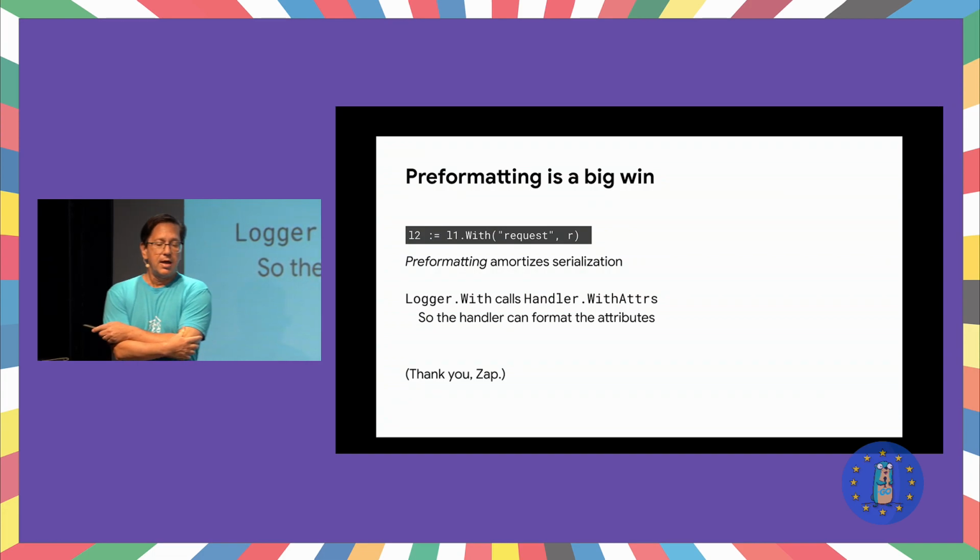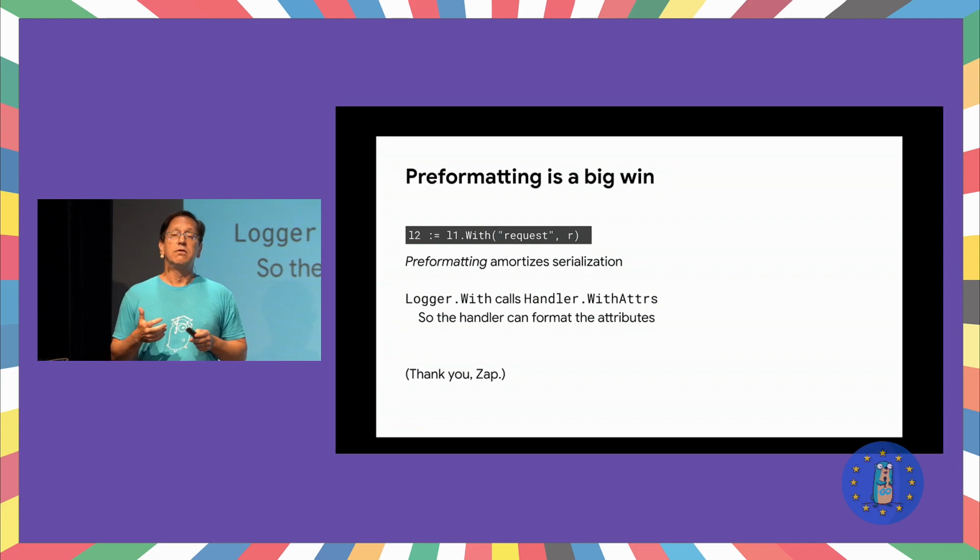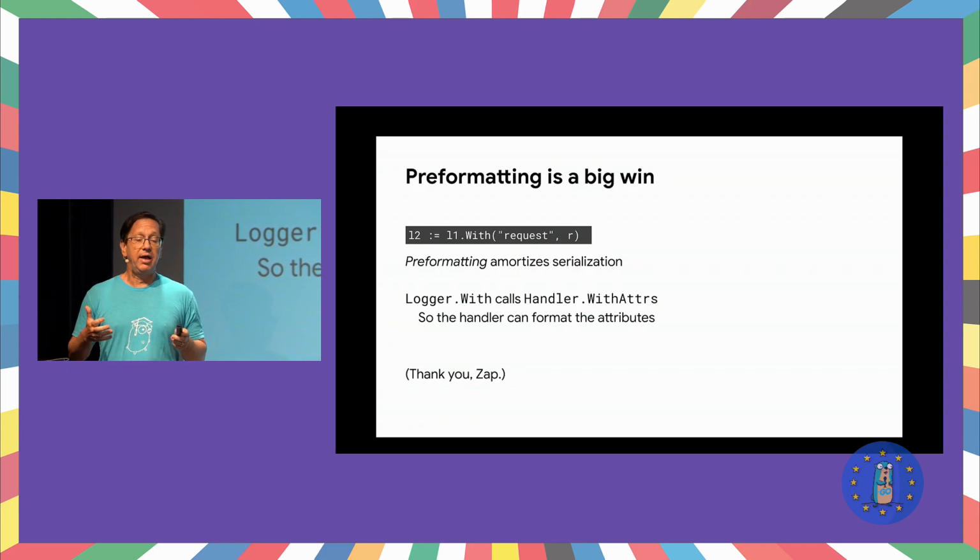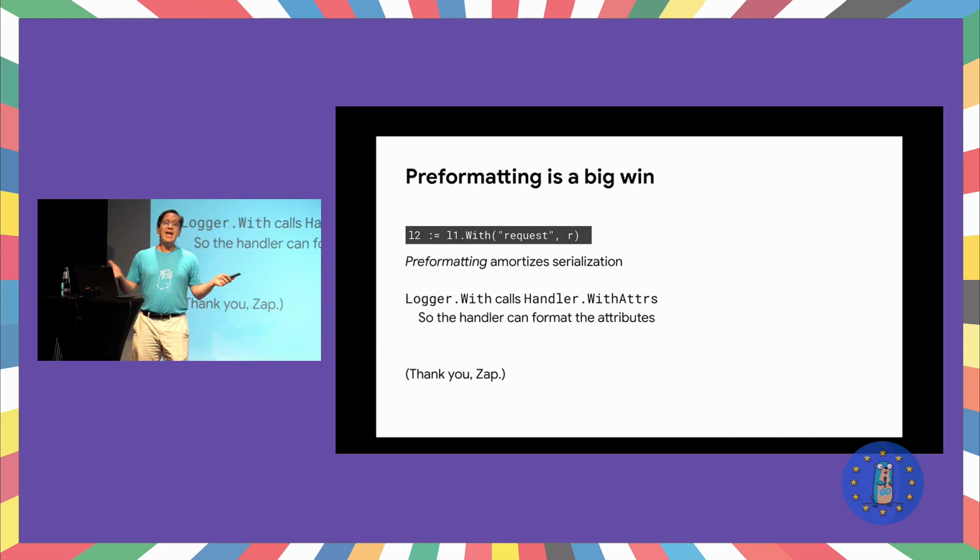Thank you, Zap. So what we do is the logger with method immediately calls the handler with adders method, so the handler can optimize these attributes by pre-formatting them. It doesn't have to. It could just save them and then use them later as part of the regular logging process if it doesn't want to do that work, but at least it has the opportunity to do that.